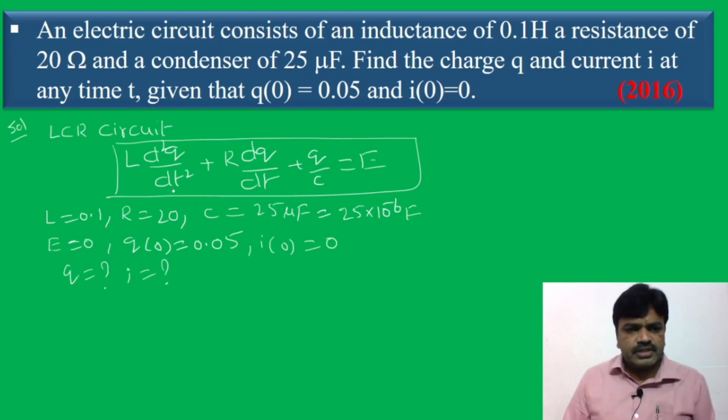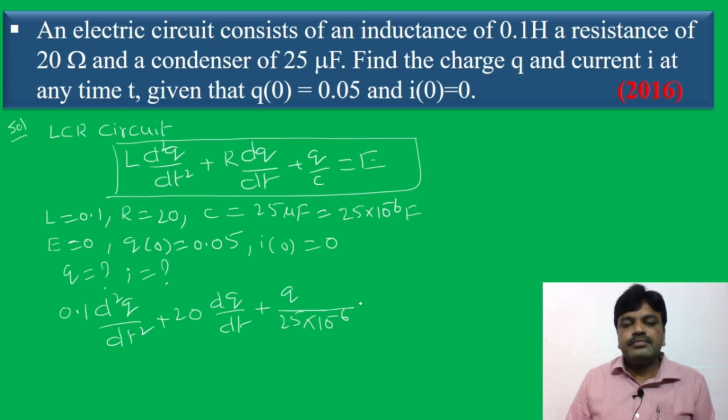Substitute all these things friends here. L value is 0.1, so 0.1 d²q/dt² plus R value is 20, 20 dq/dt, plus q by C, C value is 25 × 10^-6, is equal to E value, E value is 0.